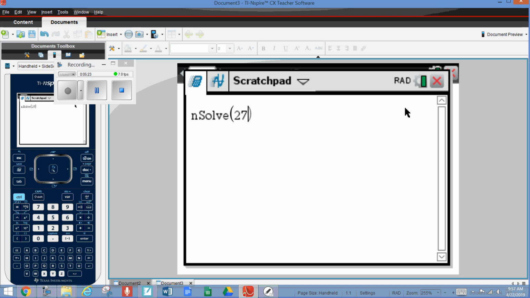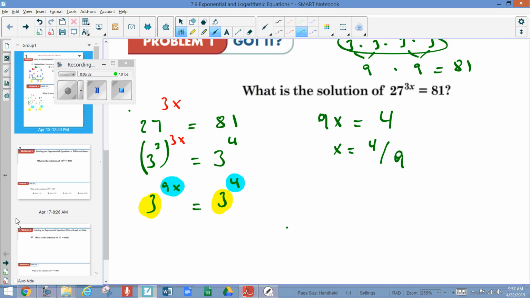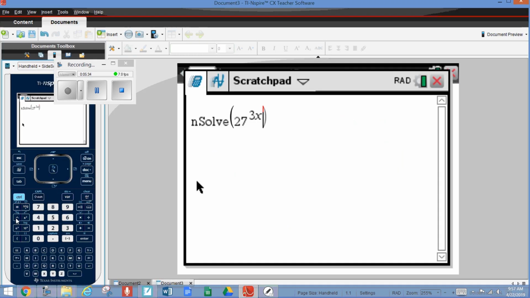Let's solve for x. 27 to the power of 3x is equal to 81, comma x. Okay, did everybody do this?